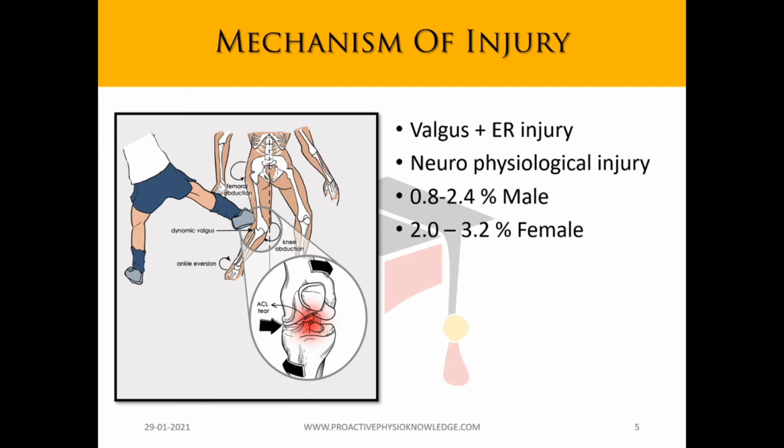That's why ACL injury is called a neurophysiological injury. The most common mechanism of ACL injury is valgus with external rotation of the knee joint. More than 2% of ACL injuries occur in males and 2.0 to 3.2% occur in females also.